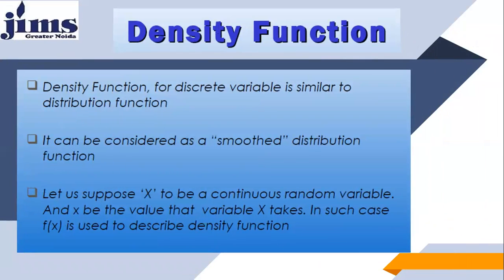Now come to density function. Density function for a discrete variable is similar to the distribution function, which we discussed in previous video lectures. Actually, what is this probability density function? It is the probability of a random variable. What does the term density mean here? Density means area.